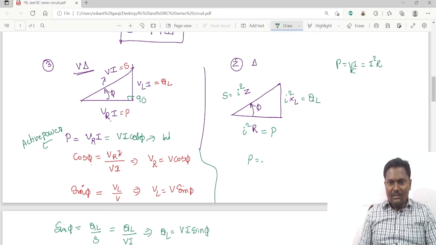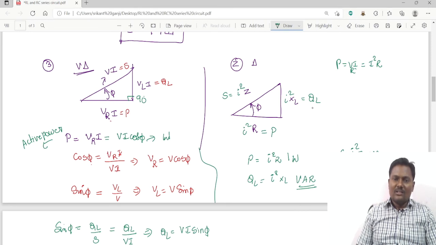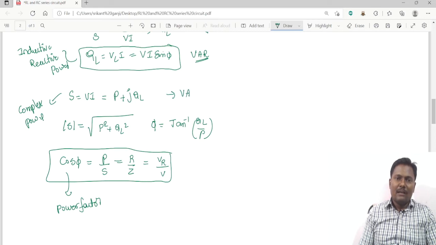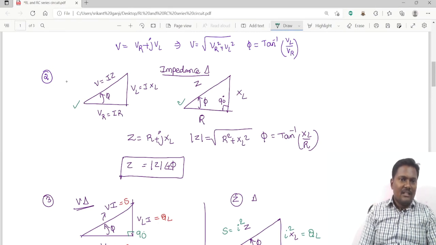So P is equal to I square R, QL is equal to I square XL, and S is equal to I square Z. The units are watts, and here volt ampere reactive, and S is called the complex power, and the unit of S is volt ampere. Here Z is called the impedance.